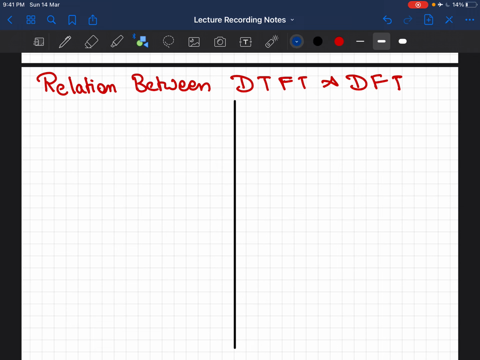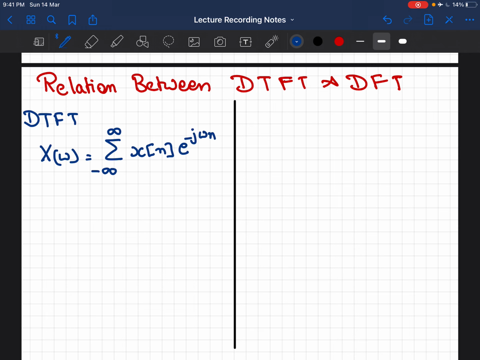So for DTFT, we have X of omega equals the sum from minus infinity to plus infinity of x of n e raised to the power minus j omega n, right?